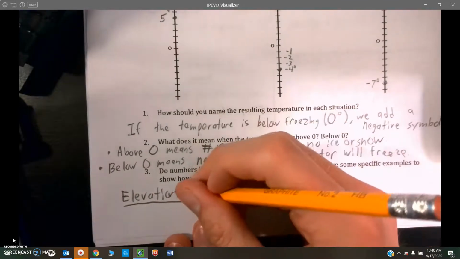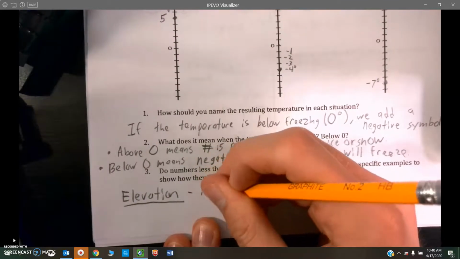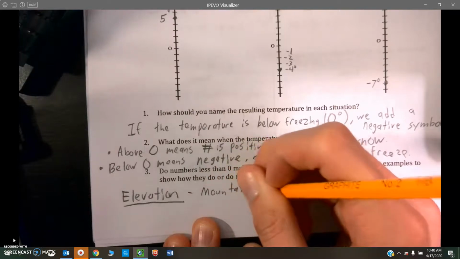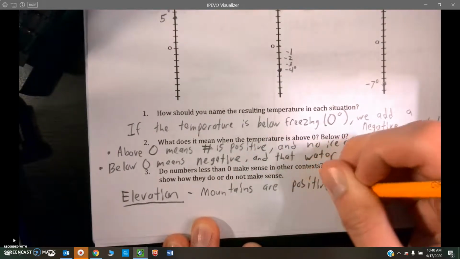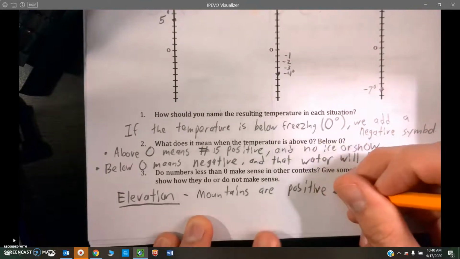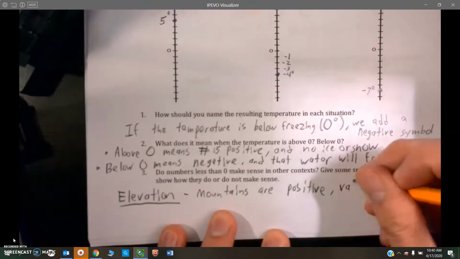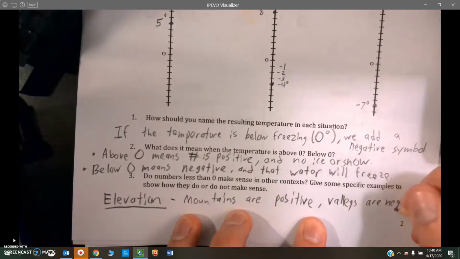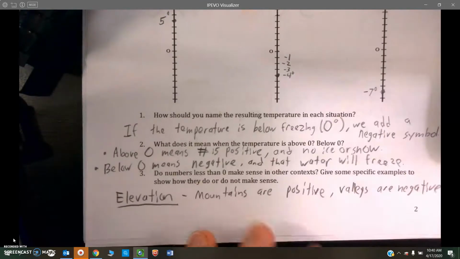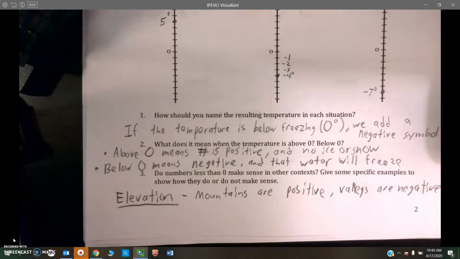So, mountains are positive. They are above sea level. They are above the oceans. Valleys, like the Grand Canyon, are negative. They're actually like holes or dips in the landmass of the country that are actually below the ocean level.